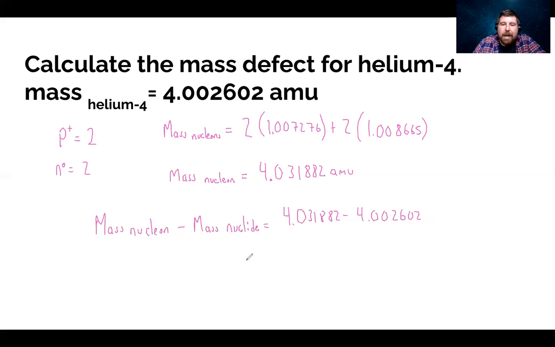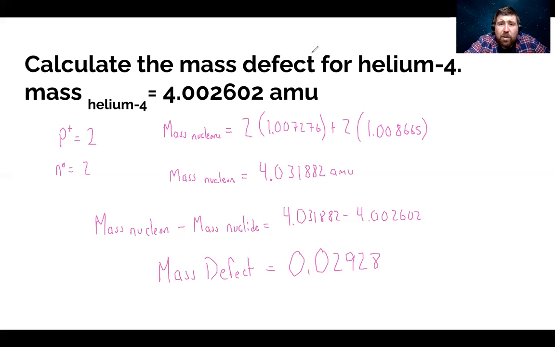And this will be our mass defect here. So the mass defect is the difference there. It's that missing mass. It's a very small number almost always. 0.0292.